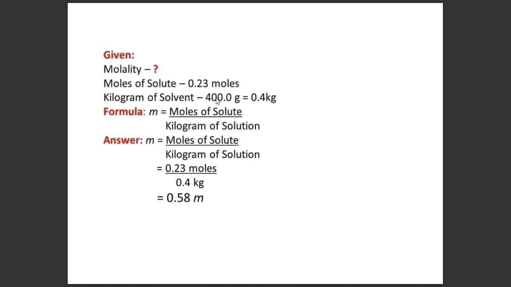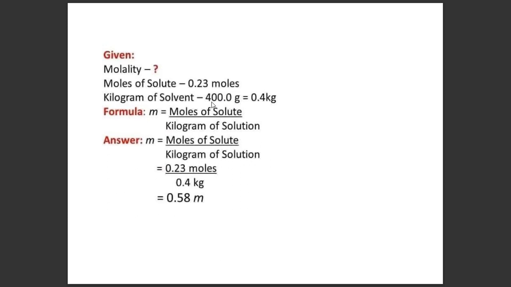Bear in mind, molality is per kilogram of solvent, not grams of solvent. If it's in grams, convert it to kilograms, the same way that for molarity, if it's in milliliters, you have to convert to liters. So dividing by 1000 gives 0.4 kilogram.